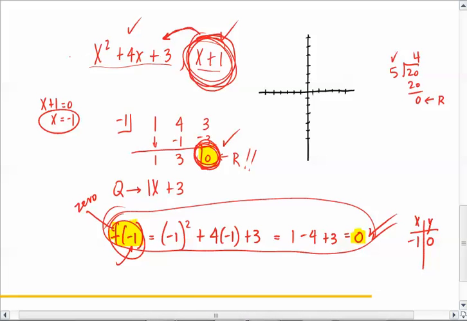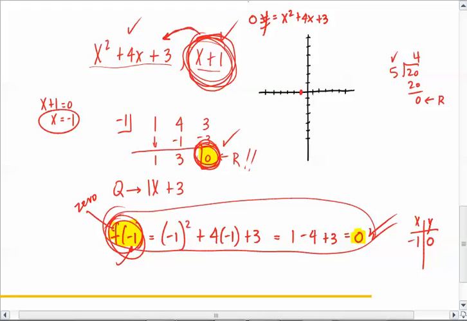So let's take a look. Let's put this back together. We've got y equals x squared plus 4x plus 3. This right here, this -1, is a 0. It's an x-intercept. It's a root. And let's look at what the other root is. Root meaning taking out the y and replacing with a 0 to find the x-intercepts, right?